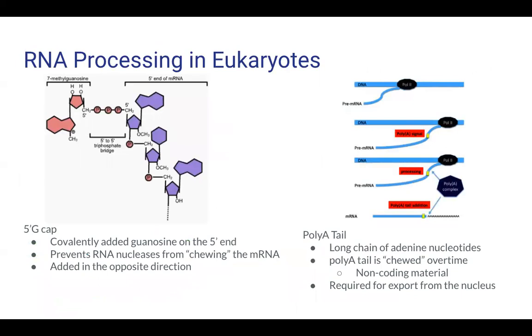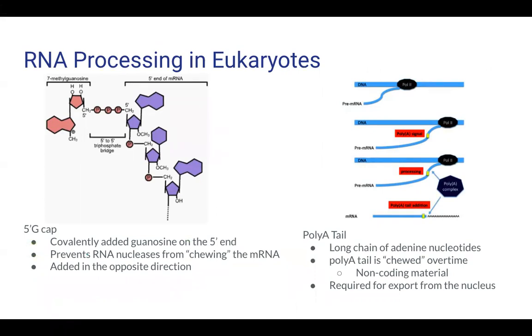Now going on to RNA processing in eukaryotes. Once RNA is made, a 5' guanine cap can be added to the 5' end of the RNA. This prevents chewing from nucleases that could be floating around in the cell.